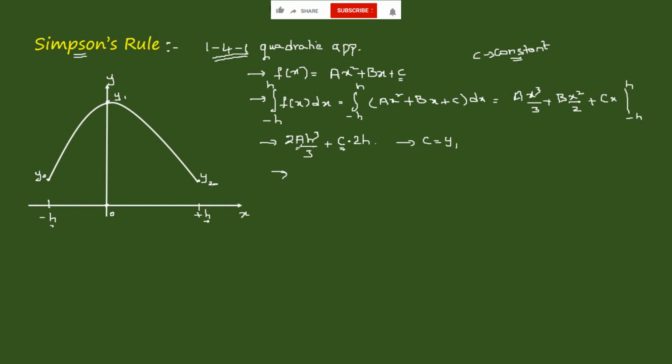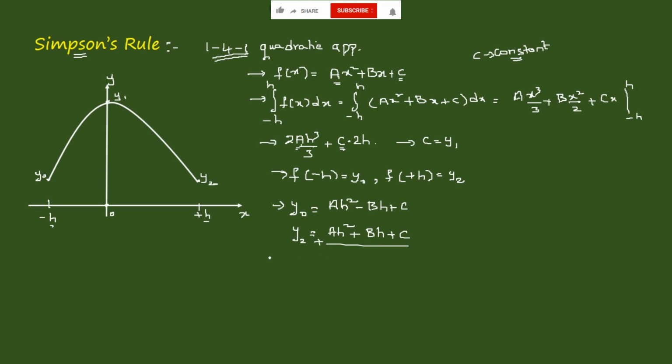We know the value of f at minus h and plus h, so we can consider f of minus h is equal to y0, and f of plus h is equal to y2. Solving in this equation, we get y0 is equal to a h square minus b times h plus c, and y2 is equal to a h square plus bh plus c.